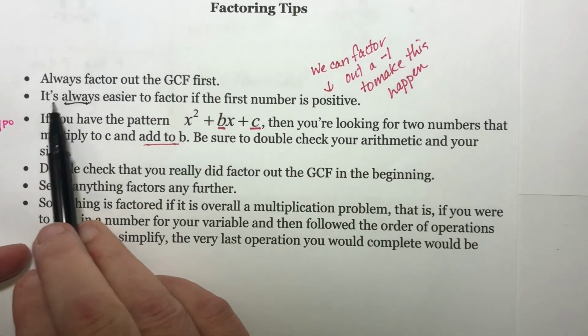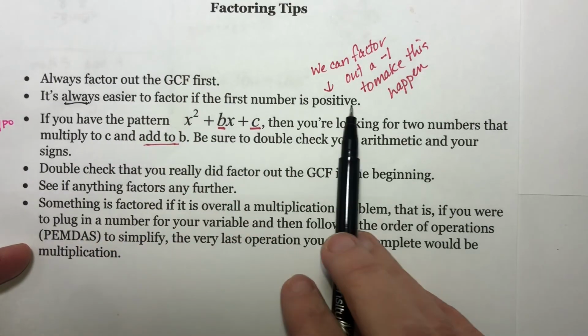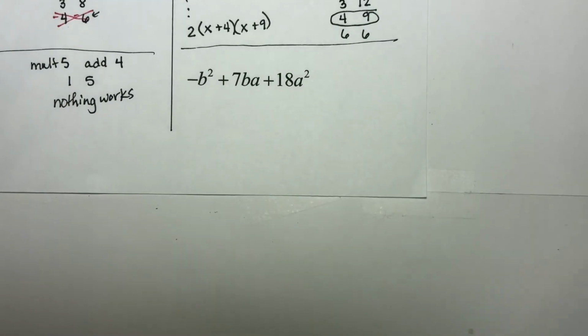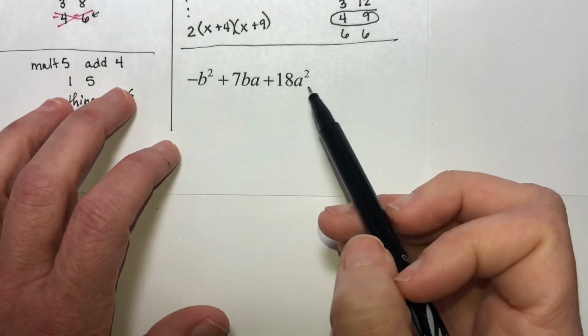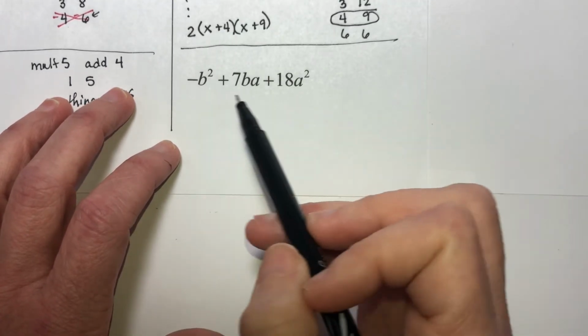But in general, even after you know how to do that, it's always easier if your first number is positive. Okay? And all we have to do is to factor out a -1 to make that happen. So what I'm going to do here is I look for GCF, and I really don't have anything other than a 1. There's nothing else that's in common.